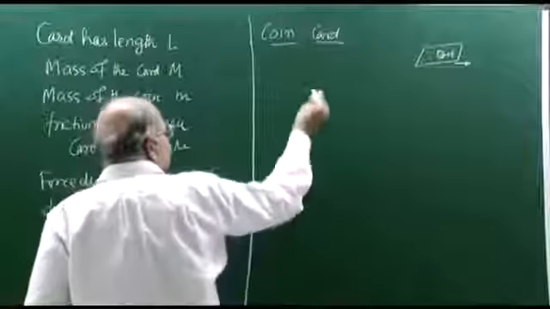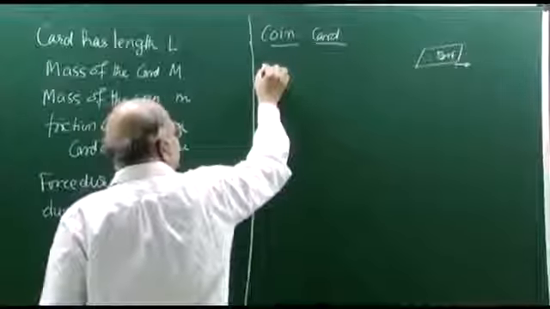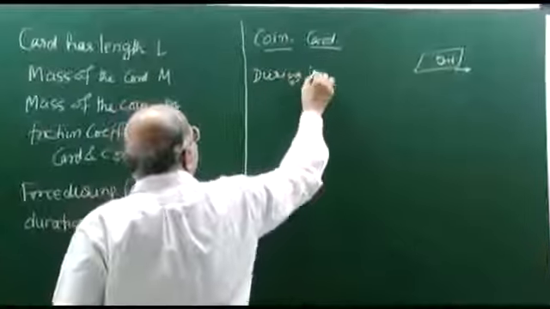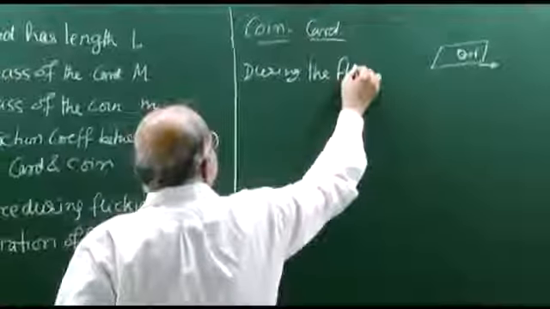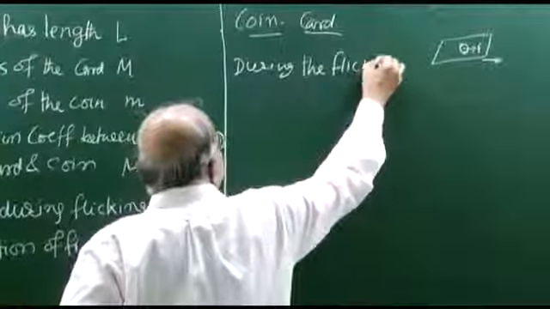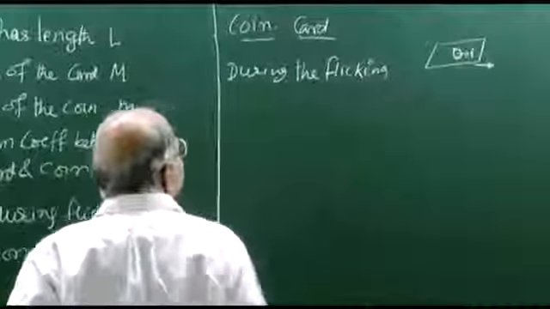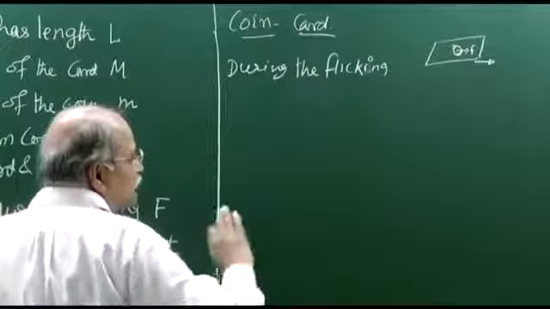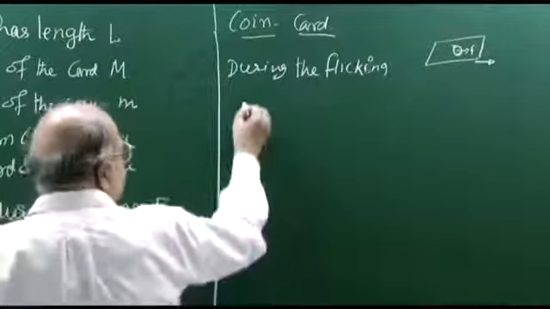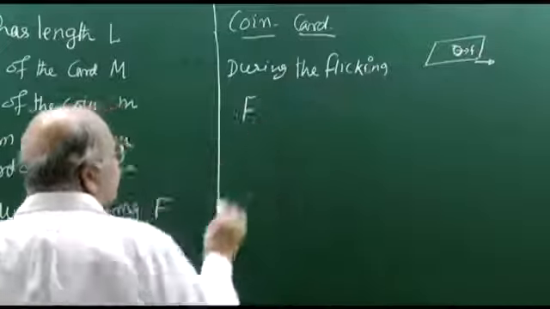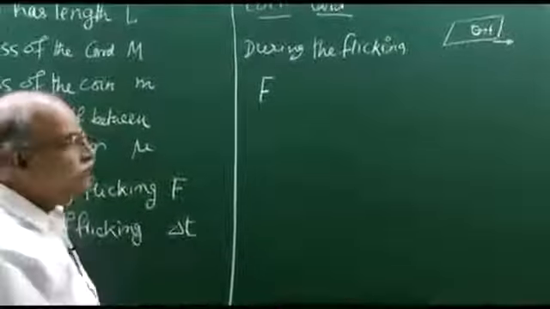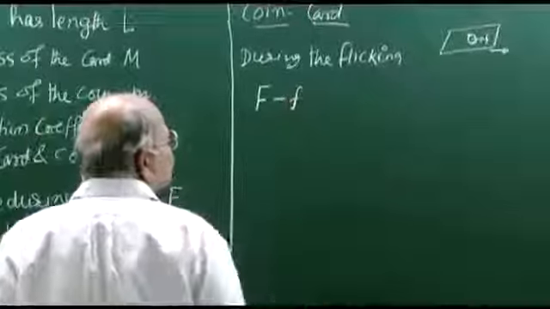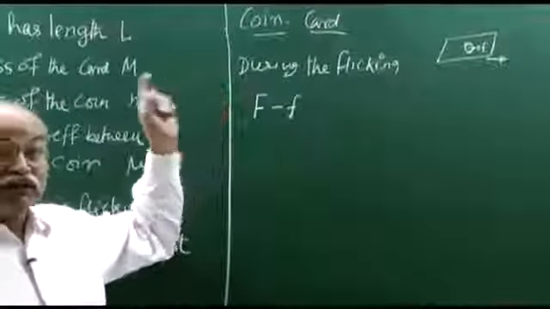So, for the card, let us say during the flicking, the time interval is very small, remember. What are the forces on the card in horizontal direction? First is this force F, which is in the forward direction, and then this frictional force f.